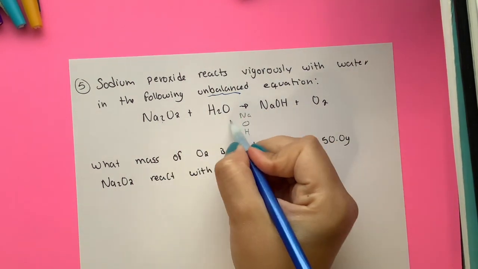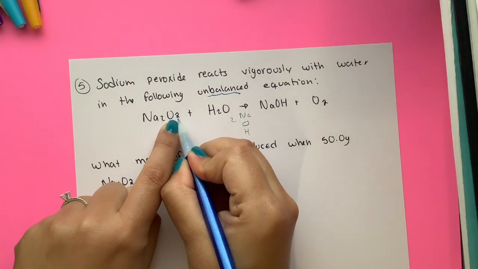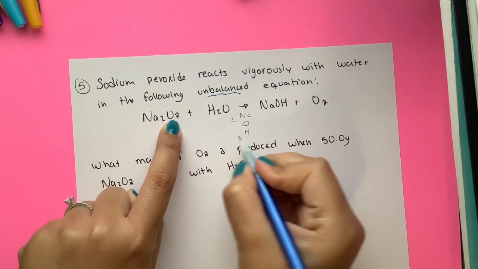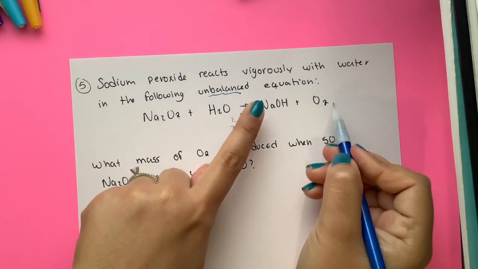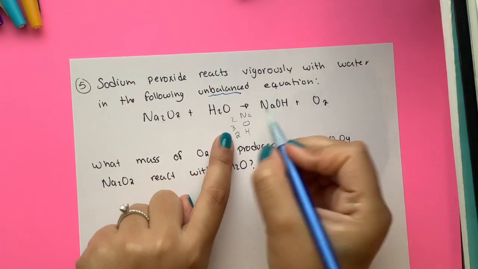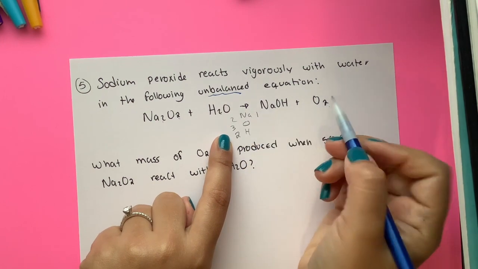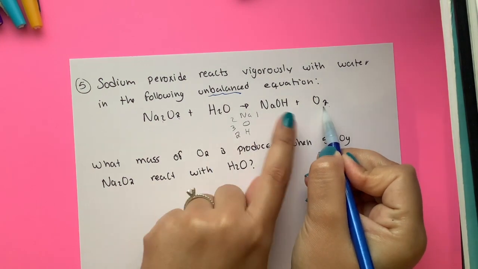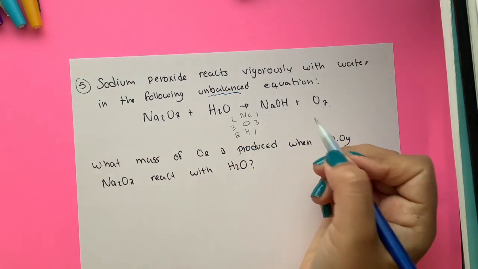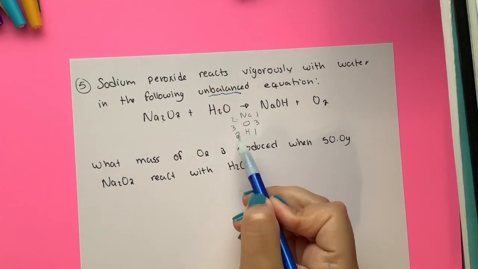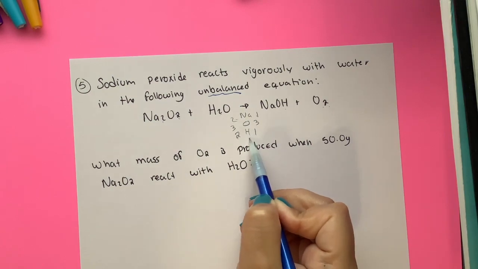I have 2 sodiums, 2 oxygens here plus another one here, that's 3 oxygens, and 2 hydrogens. On the product side, I have 1 sodium, 2 oxygens plus 1, 3 oxygens, and only 1 hydrogen. So my sodiums and my hydrogens are not balanced.